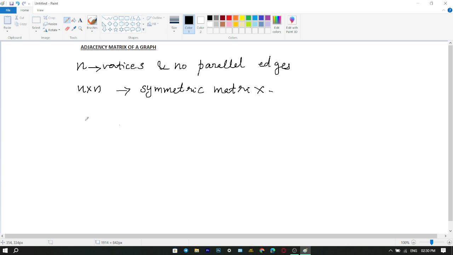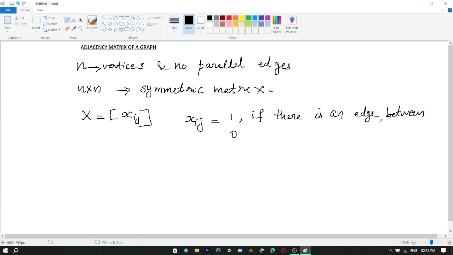And here the adjacency matrix is denoted by capital X and is equal to the matrix Xij, and it is defined as follows. Xij takes only two values, 1 and 0. It is 1 if there is an edge between Vi and Vj, and equal to 0 if there is no edge between Vi and Vj.